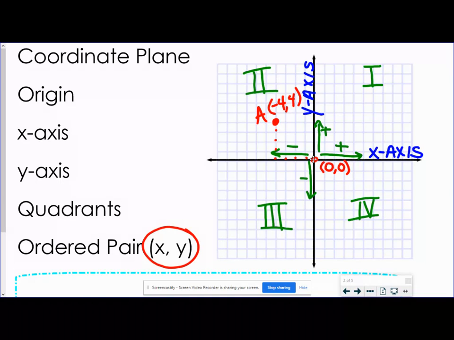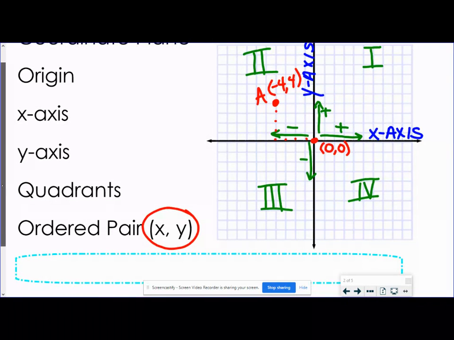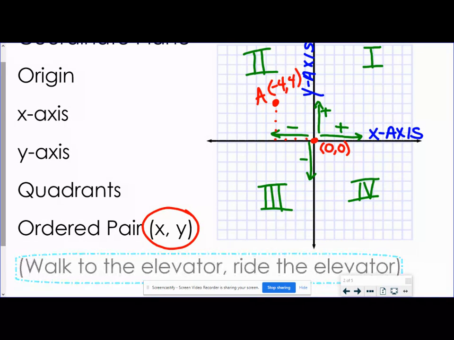Now, what's going to help you, I think, later on when we are doing some other things with graphing also, I need you to remember how to get those ordered pairs graphed correctly, right? Here's what I've gotten from another teacher to remind you how to get to a point.